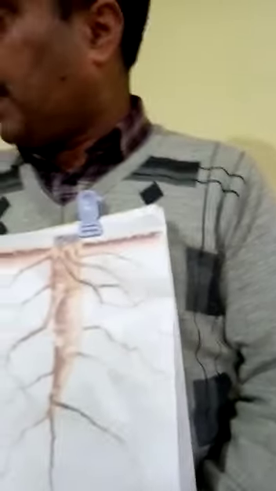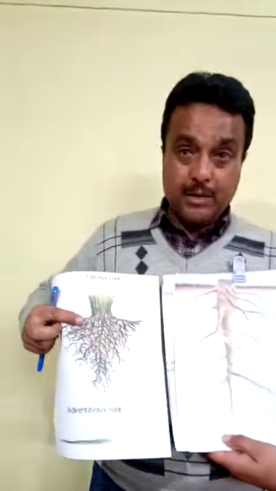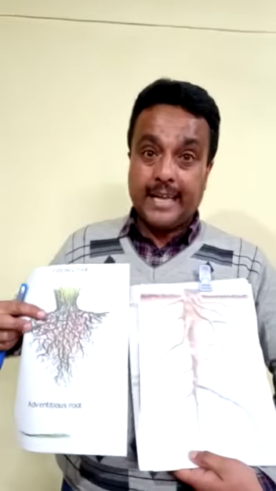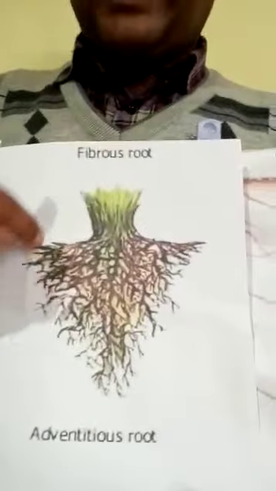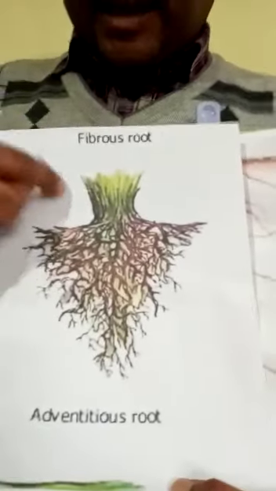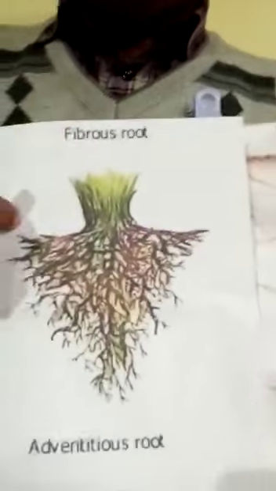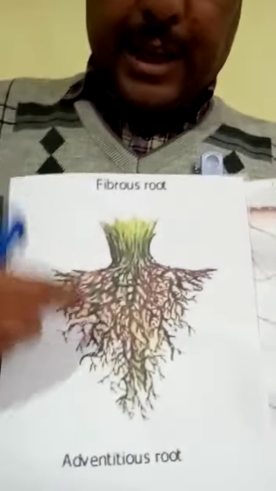Then we have the adventitious root. What is the difference between the two? The primary root develops from the radicle of the seed, while the adventitious root does not develop from the radicle, but from either the stem or any other part of the plant.